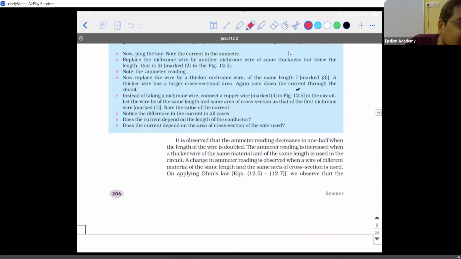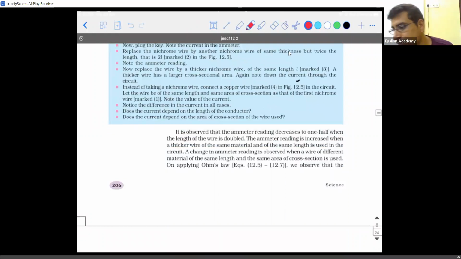Write a note: resistivity of a conductor is independent of the dimensions of the conductor, such as length and area of cross section.